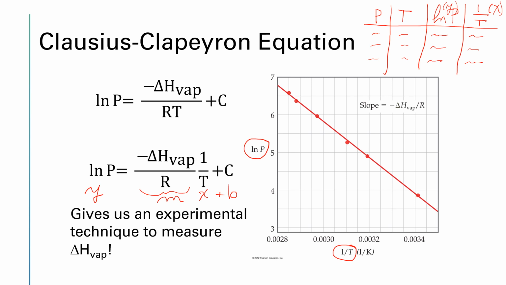So the slope of this plot is related to the delta H of vaporization of your substance. So this gives us an experimental technique to calculate the delta H of vaporization. Once you do this linearization and you get a number for the slope, that slope is equal to minus delta H of vaporization over R, the ideal gas law constant, and so you can rearrange that to solve for the delta H of vaporization.